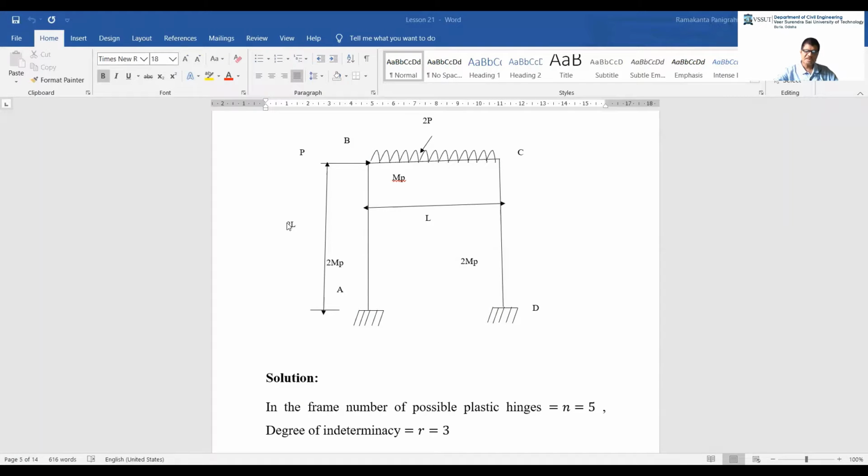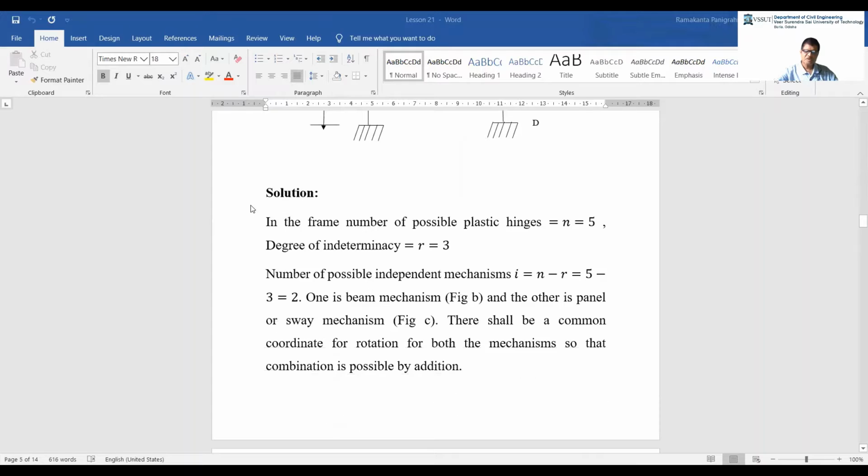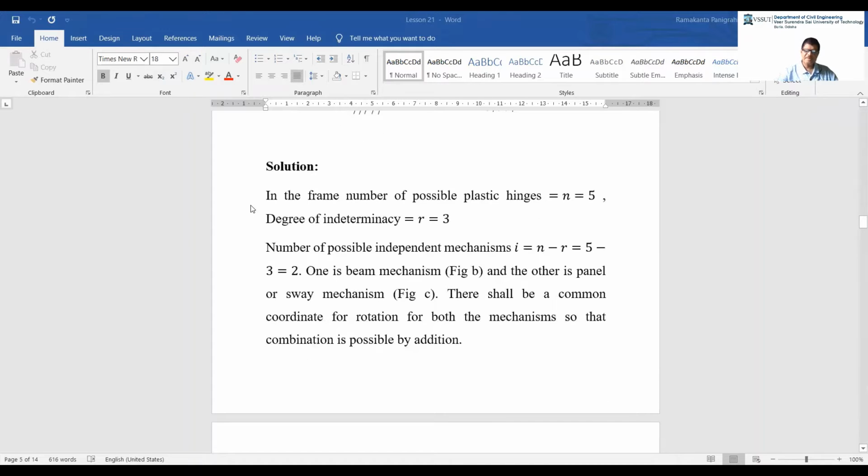Now let us go to this problem solution. As we have already discussed, the number of possible plastic hinges will be 5, and the degree of indeterminacy is equal to the static indeterminacy 3. Hence, the number of possible independent mechanisms will be I is equal to N minus R. So out of 2 independent mechanisms, one will be the beam mechanism, and the other will be the sway mechanism.